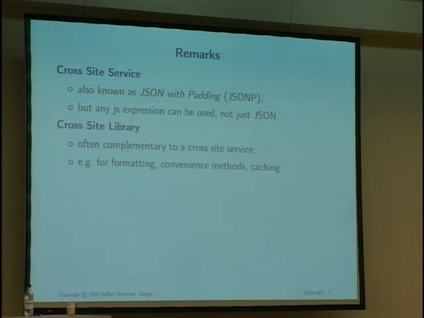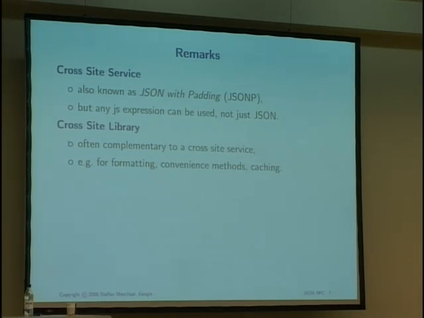The other thing that is noteworthy is that cross-site services and cross-site libraries often complement each other. Usually a web service is defined at the interface level, that is, on the wire effectively. It is defined what request to send somewhere, specified as a way of building a URL, and what data to receive back, specified in terms of a data structure that you expect.